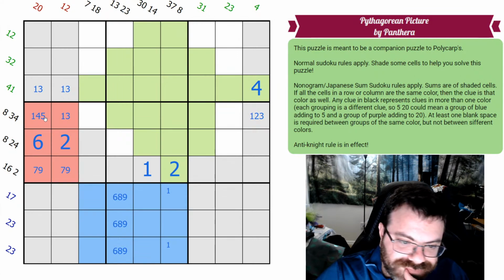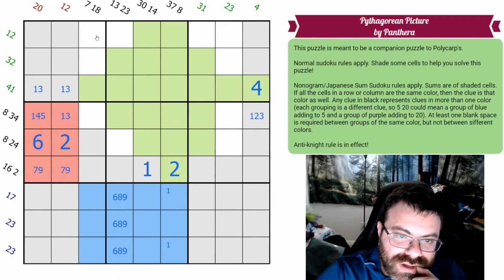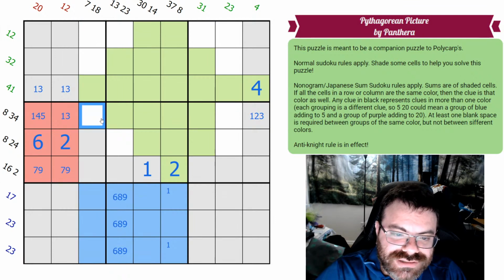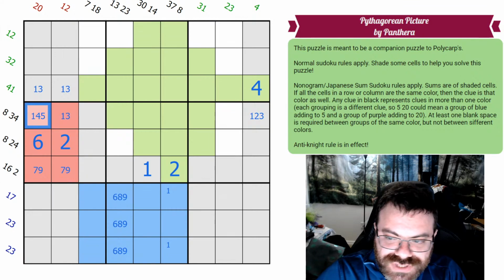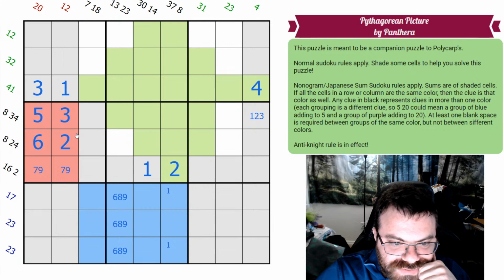Can it not be 1, 3, 4? Oh, I can't put red into this column. Okay. So then it is 5, 3. That's useful.